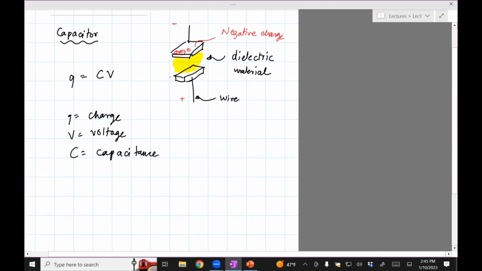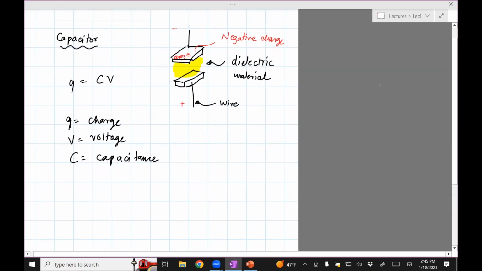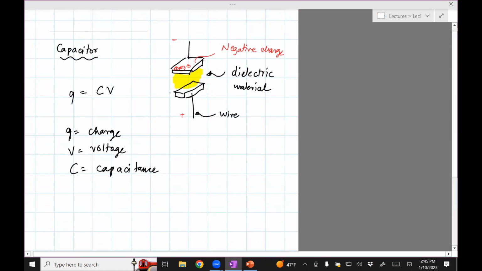So note that there is no current appearing in the capacitor, right? Because a capacitor does not allow electrons to flow. What happens, the electrons are stuck on the capacitor, and when you, for example, go and touch it accidentally, that charge will flow into you, and that will become current, and it will probably hurt you.